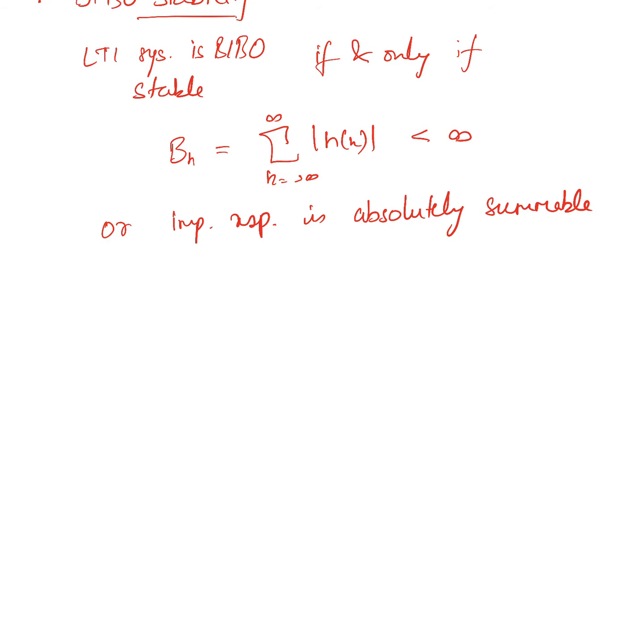First of all, let's write y of n, which we have seen earlier, as the summation over k from minus infinity to infinity of h of k x of n minus k.